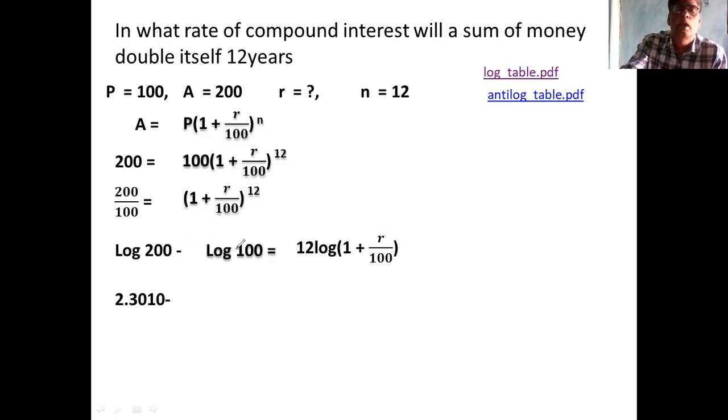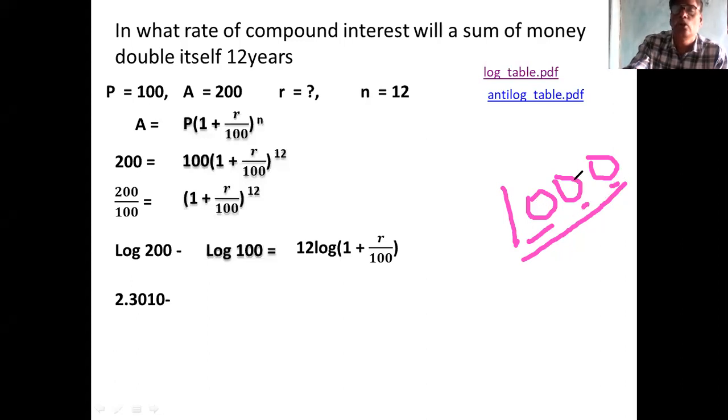This 100 you have to see as 1000. After 100, you give 10 and make a 4-digit number. For the 4-digit number, take the first 2 digits, first column 0, 0. So 10, 0 column. In the 10, 0 column, the number is 000.